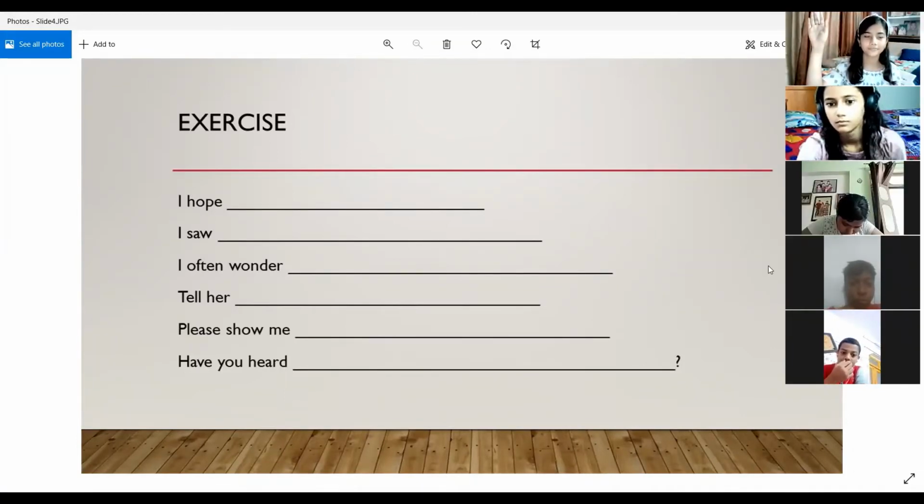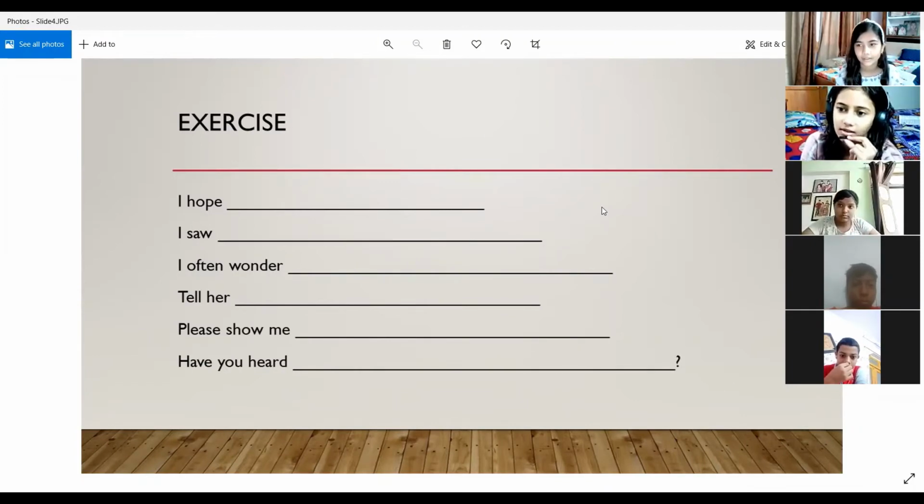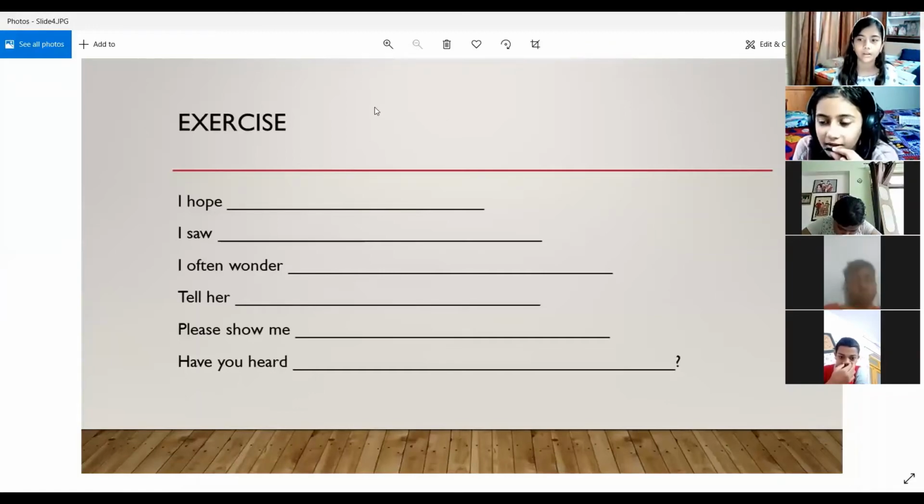Starting with Vaishnavi. Yes. Sir, it will be "I hope that you are free from diseases." No, sir, I'm saying that I hope that you are free from diseases.